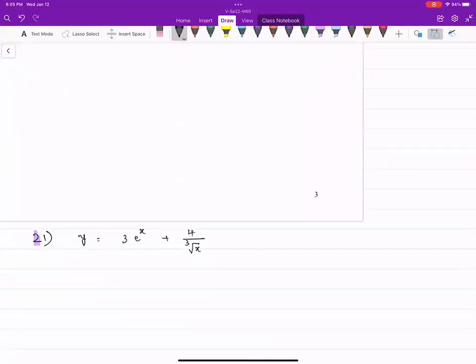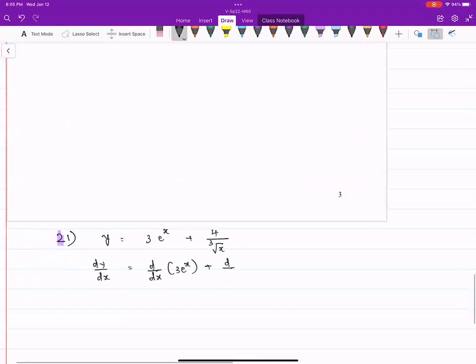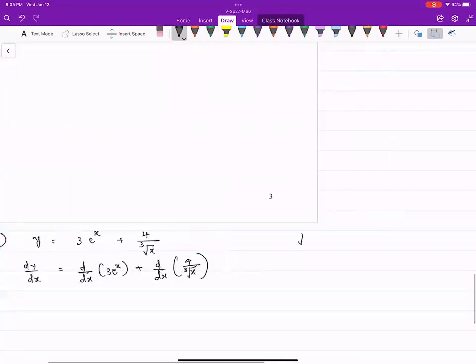Okay, y equal to, so we are finding the derivative. We call it dy by dx, which is the derivative of the first term plus the derivative of the second term. Cube root of x. How do you write cube root of x? This is the index, and we know that if it is the index, then it should be written as a reciprocal.